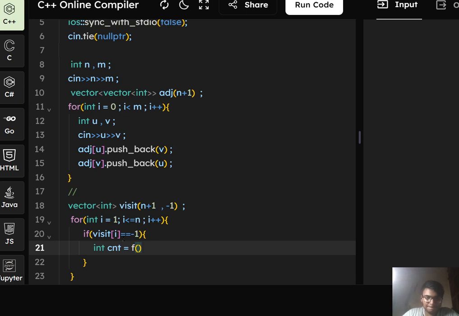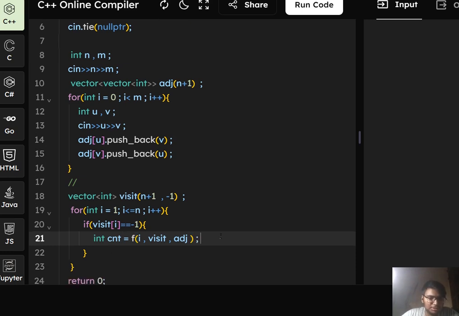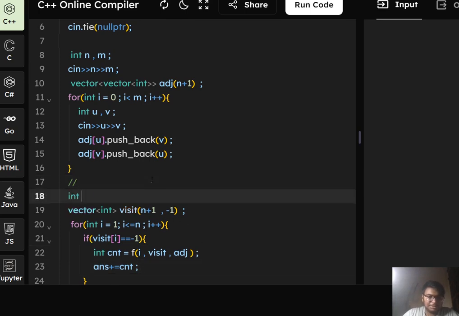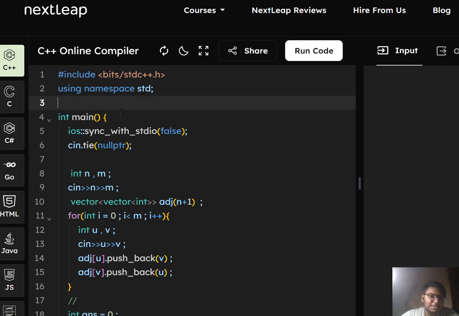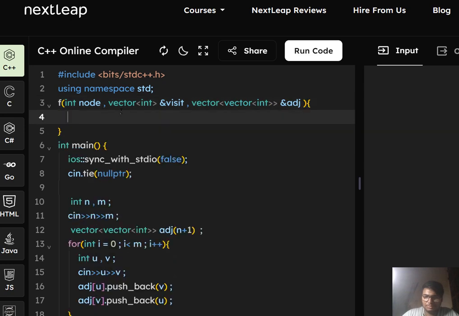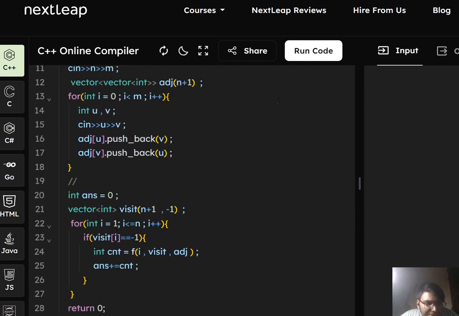I will just pass the node, the visited array, and the adjacency list, and we will pass these by reference.